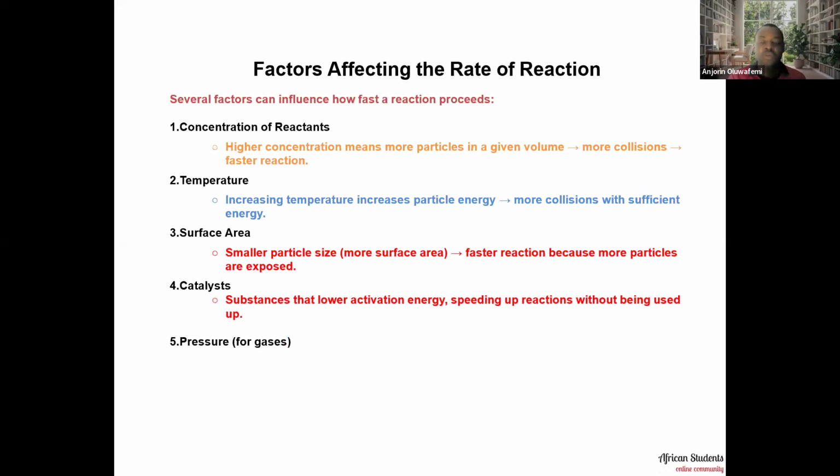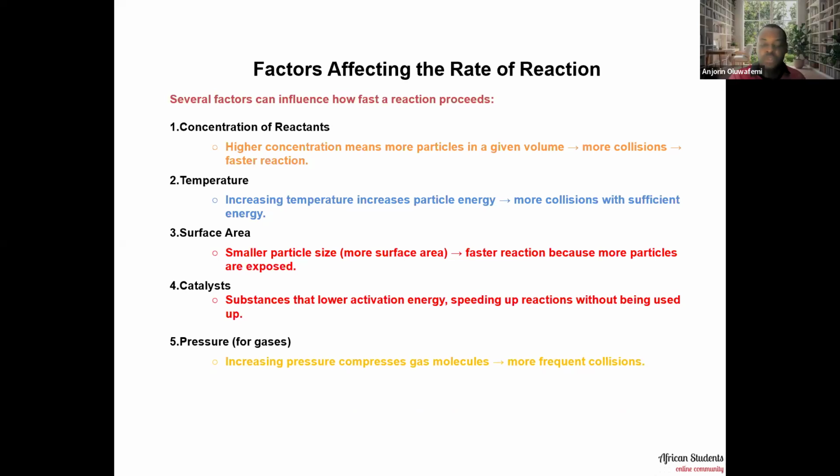Pressure, especially for gases, also affects the rate of reaction. So when we increase pressure, it compresses the gas molecules, then more frequent collision is observed.